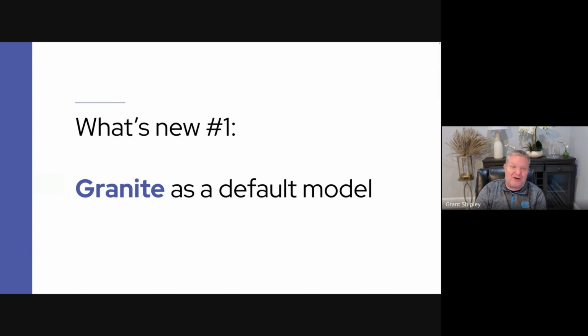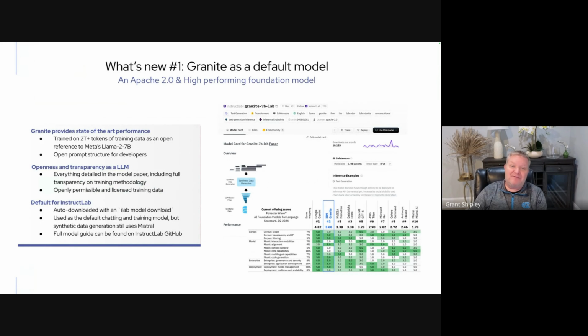All right, so let's get started. What's new, number 1? This is something I've been waiting for a long time. If you are a previous user of InstructLab, you know that we shipped by default a Merlinite-based model, but Red Hat and IBM are working together on an open source Apache 2.0 licensed family of models called Granite. And so with the 0.21 release, we're excited to announce that the default model is now the Granite 7 billion parameter lab model.